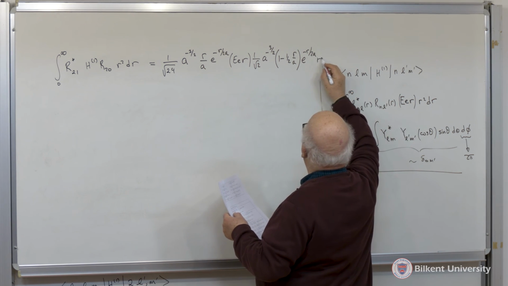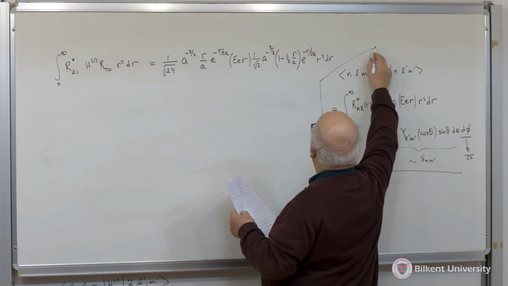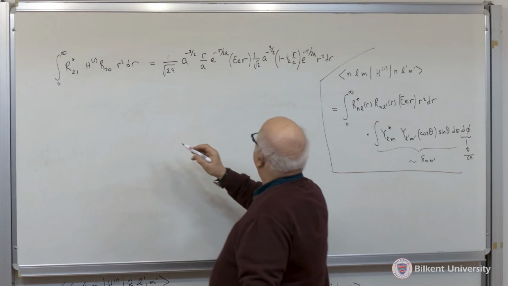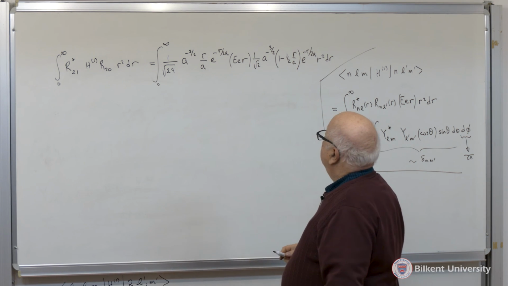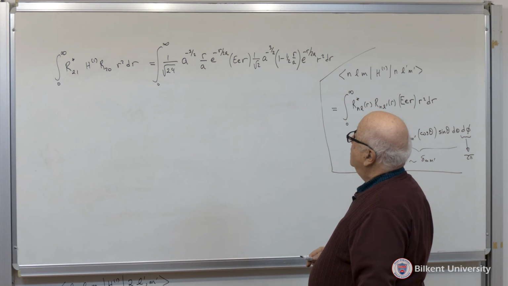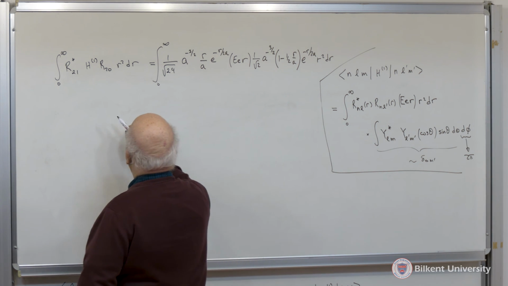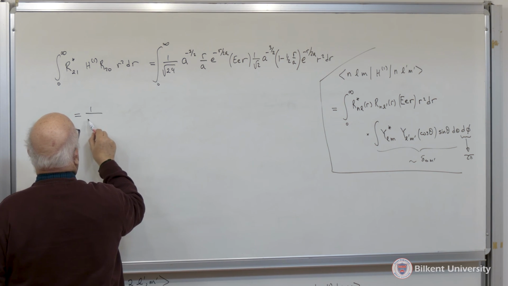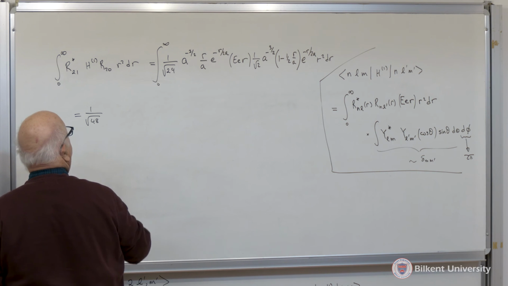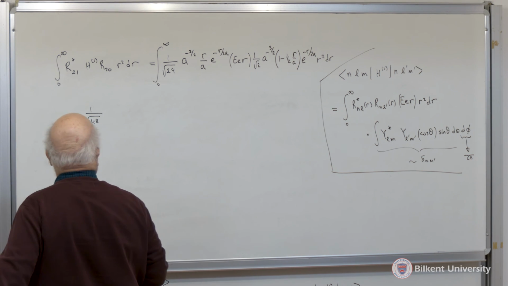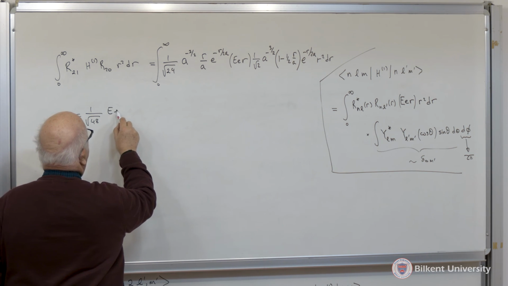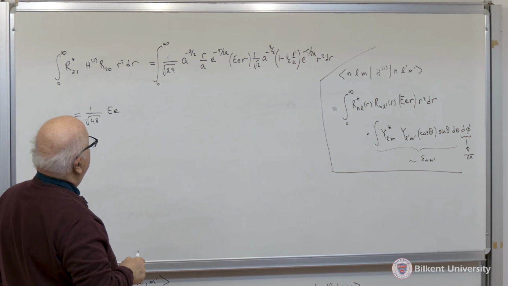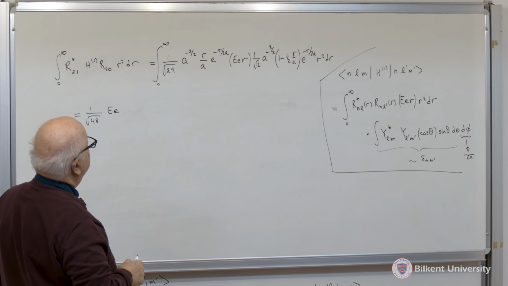We need the r squared dr. Okay? So I need the integral, 0 to infinity. Okay, so let's see. This is equal to 1 over root 48, okay? And I have E times E, which I can take out of the integral. And then a bunch of r over a's, right?